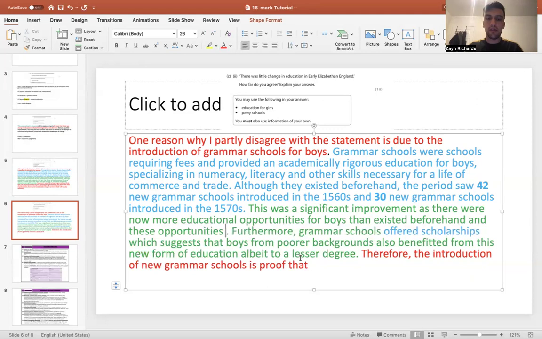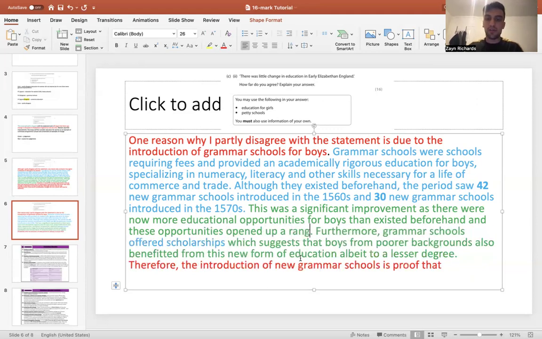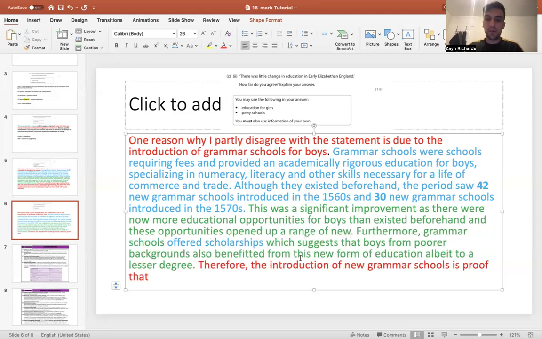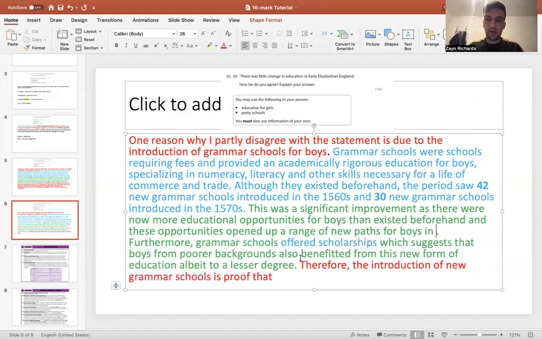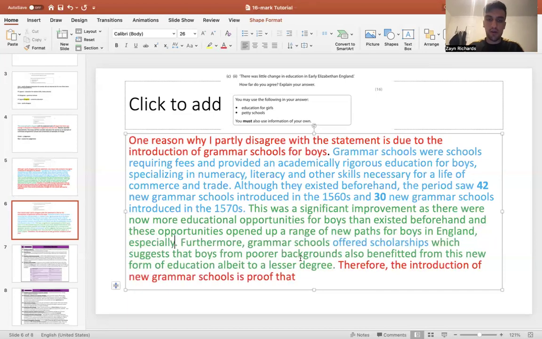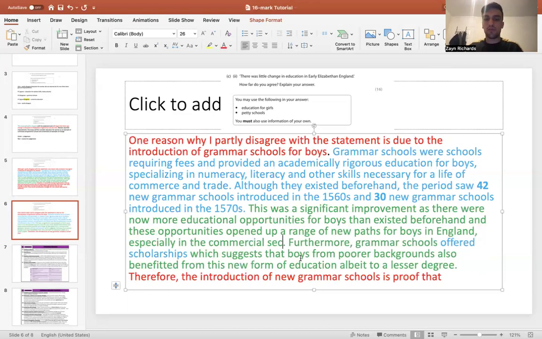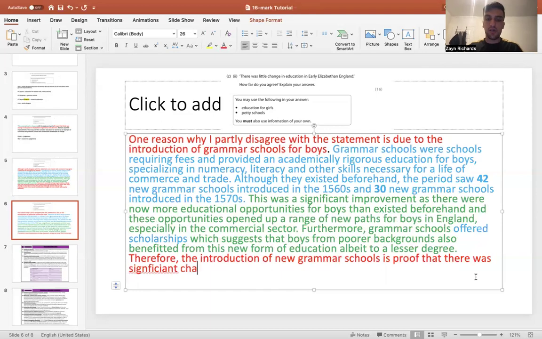And these opportunities opened up a range of new avenues for boys, especially in the commercial sector. Most grammar schools are about training boys for professional jobs at this stage, like the commercial sector, growing trade, and so on. Therefore, the introduction of new grammar schools is proof that there was significant change for men in Elizabethan England.